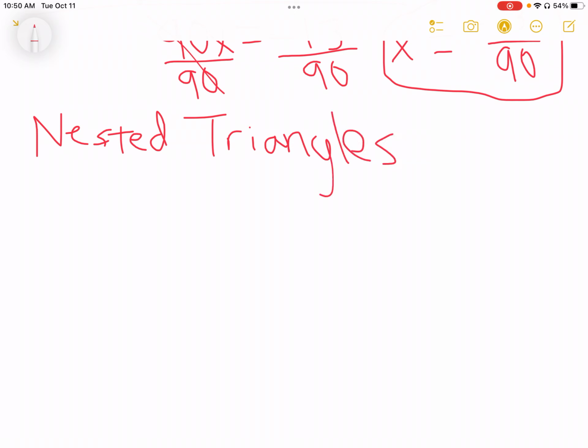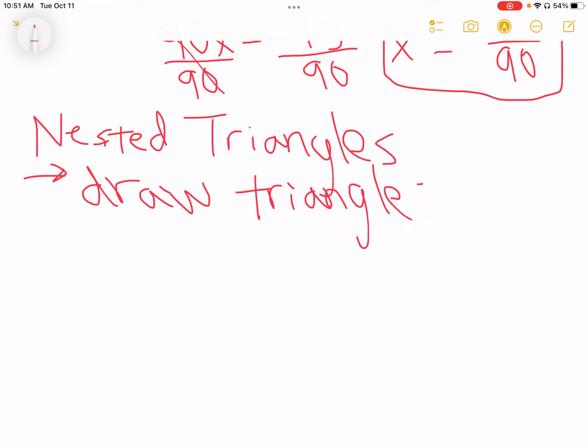And this is example 4 here. But one recommendation here is just to draw the triangles separately.